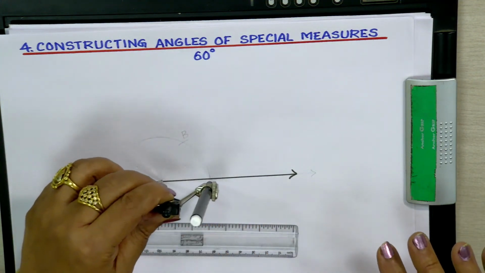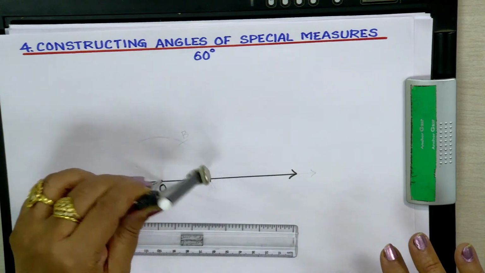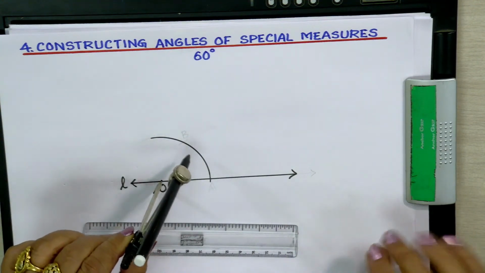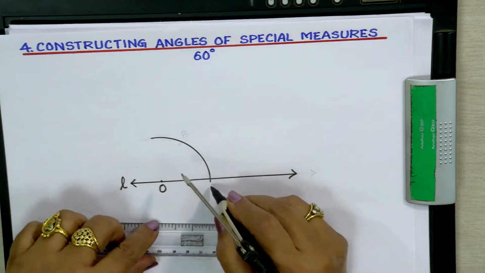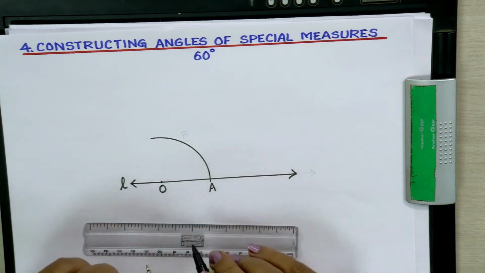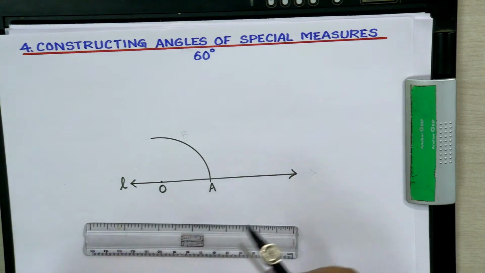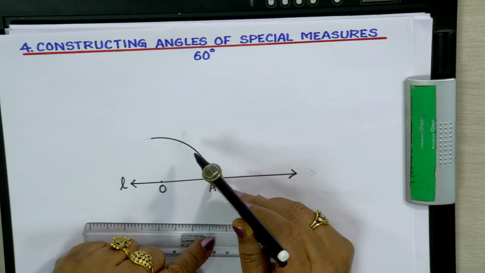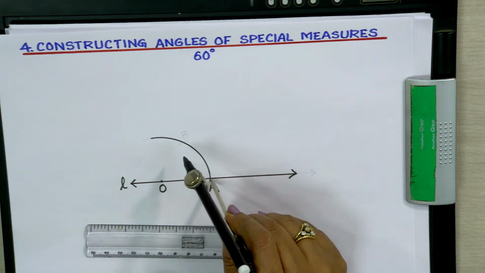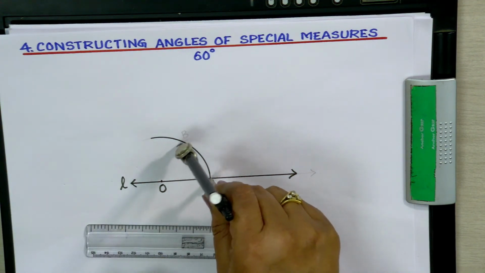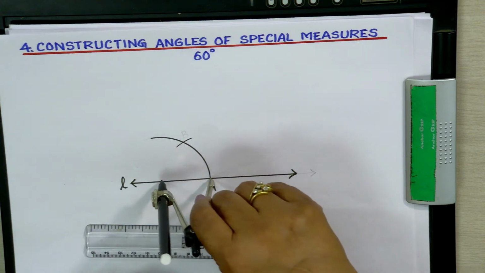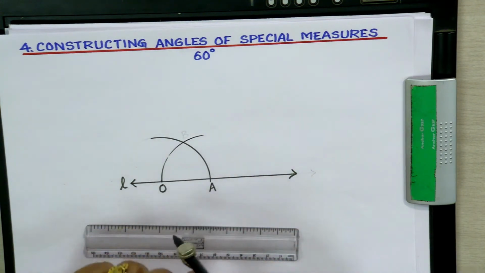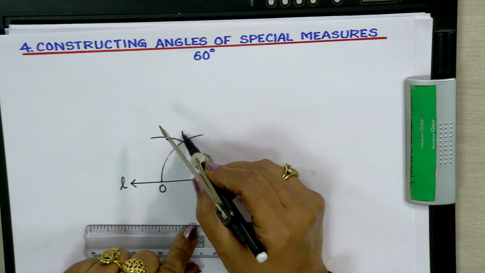Now see, I will be moving this freely to draw an arc in this manner, and we will mark this point as A. Now without changing the radius, I will place this point of the compass on point A, and I will cut this previous arc at point B. Can you see this? And we will name it as point B.